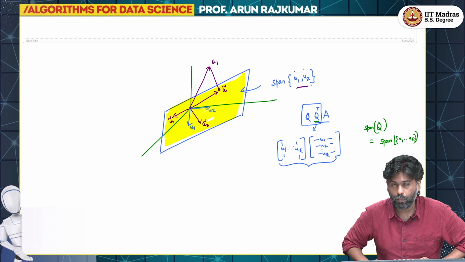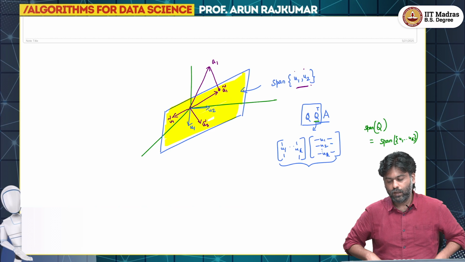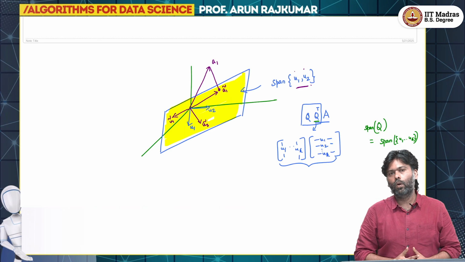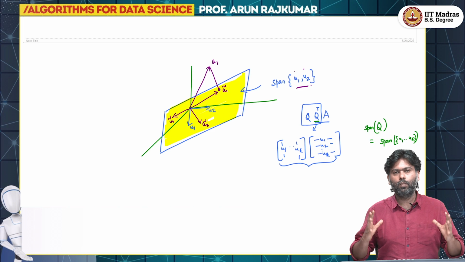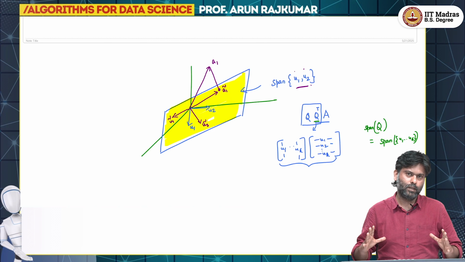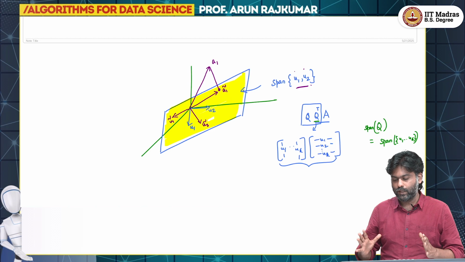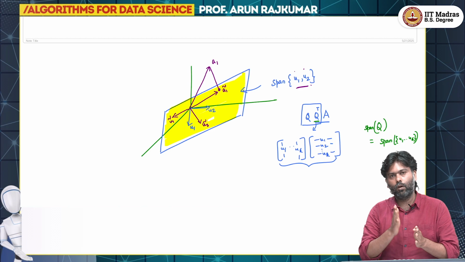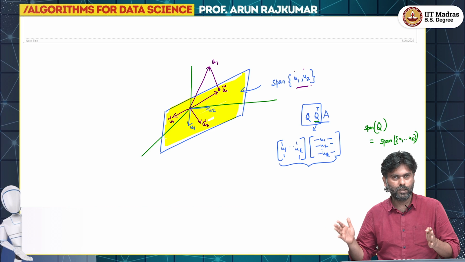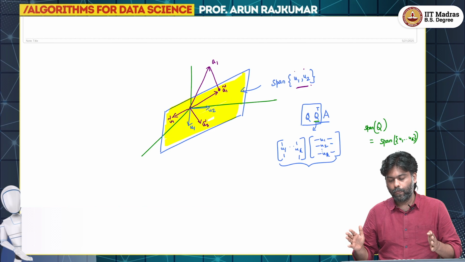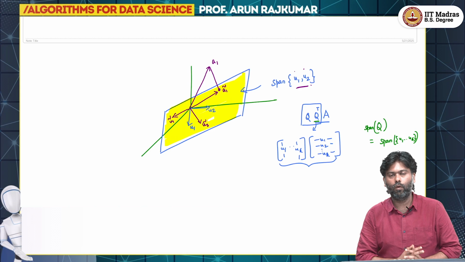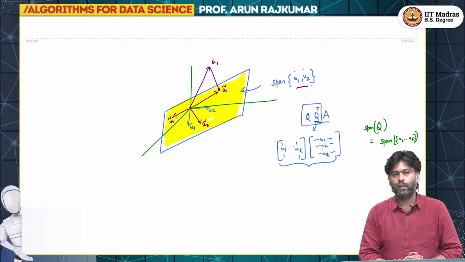So the key property that I need here is an orthonormal set of K vectors. I should not say a basis for the subspace, but think of it as an orthonormal set of vectors which contains the span of U1 to UK. That is my goal.